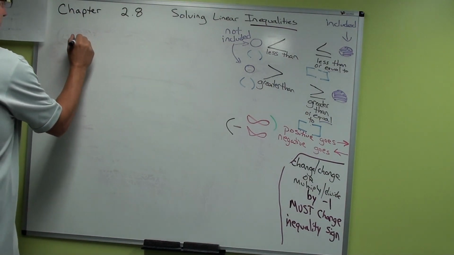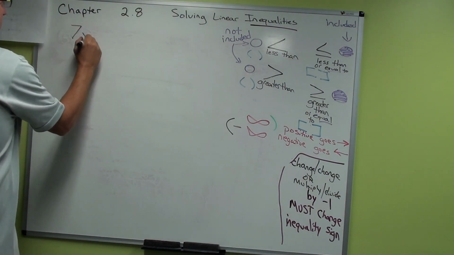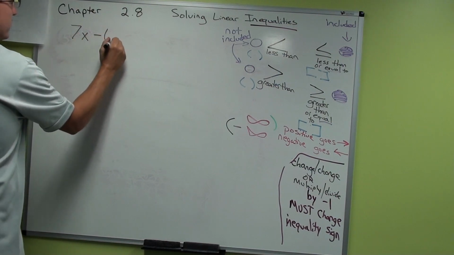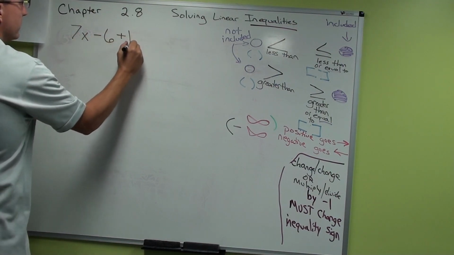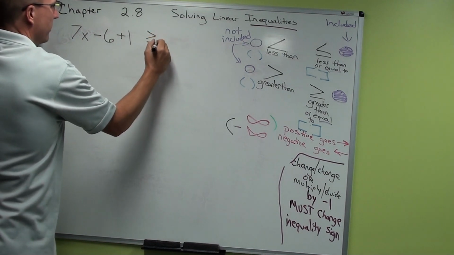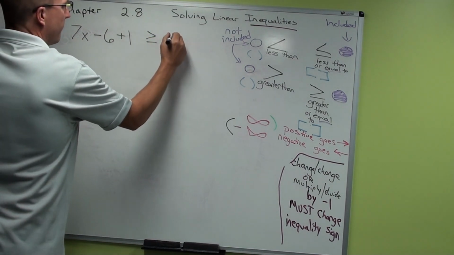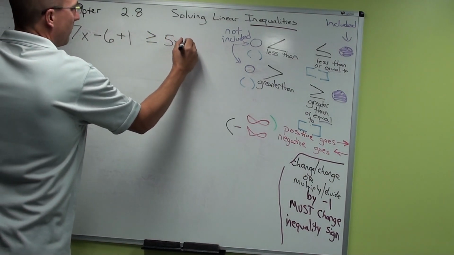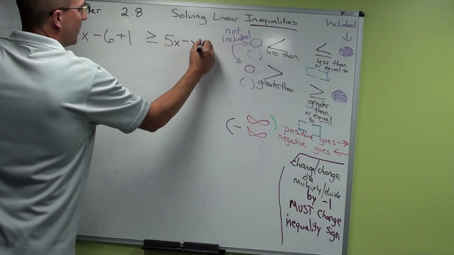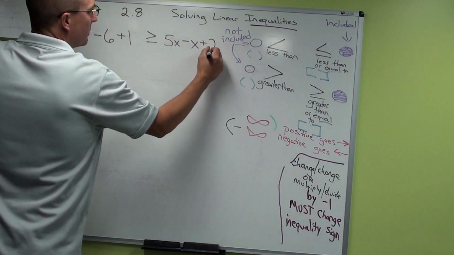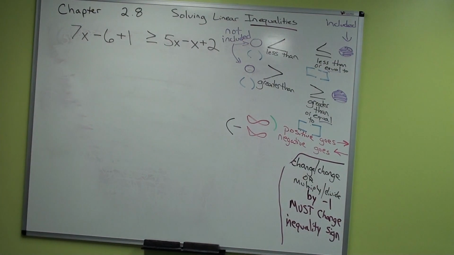Alright, here we go. 7x minus 6 plus 1 is greater than or equal to 5x minus x plus 2. It's very similar to the last problem.